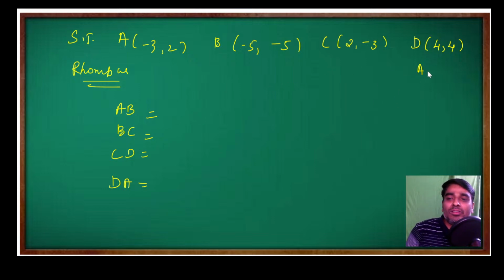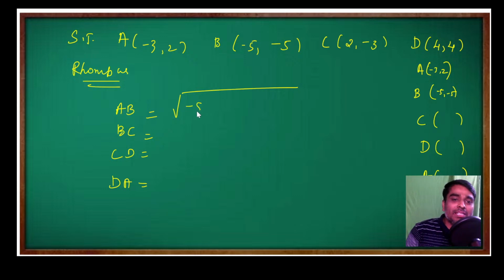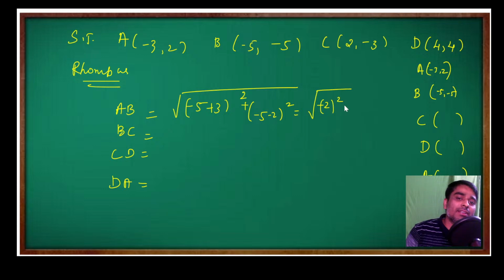Keep A, B, C, D one below the other, then repeat A at the end, because last you will do DA. A(-3, 2), B(-5, -5). Just use the distance formula: (-5 + 3) whole square plus (-5 - 2) whole square, that is 2 square plus 7 square.